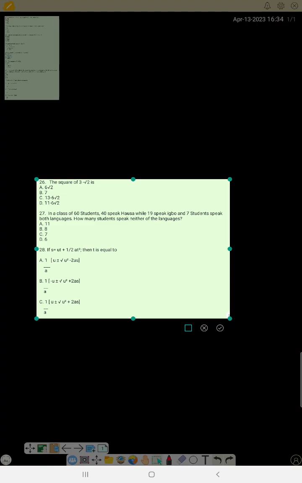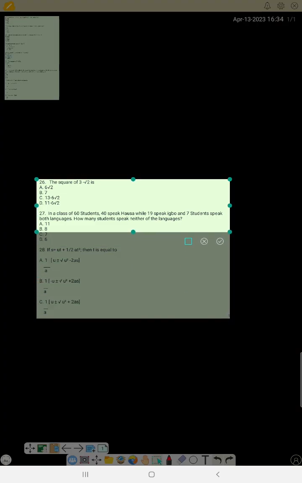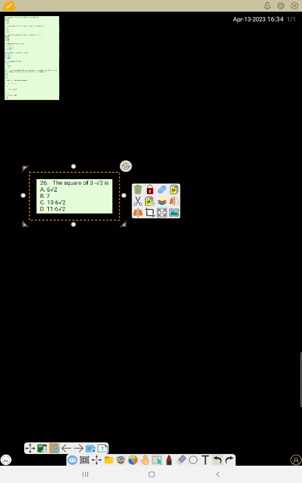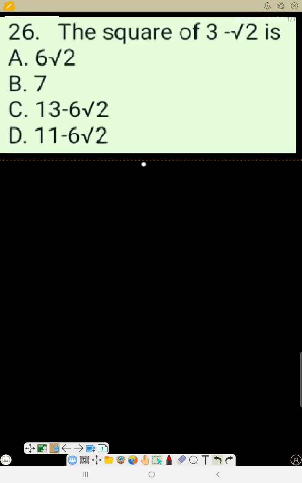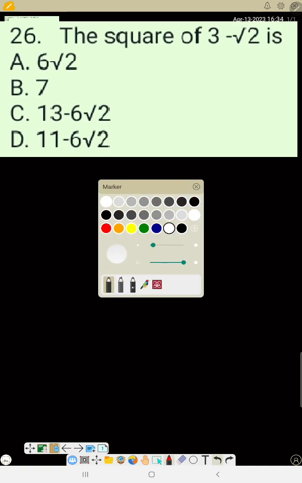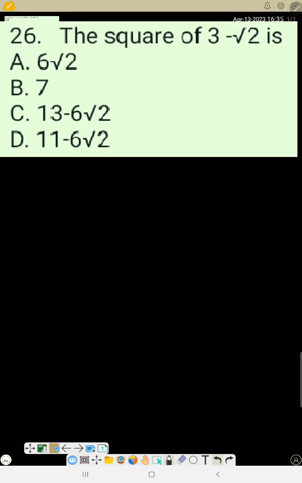The square. So the question says the square of, remember square is this, square root is this.